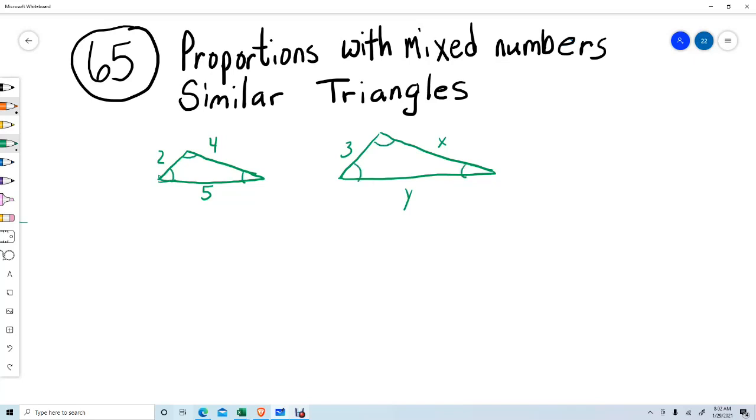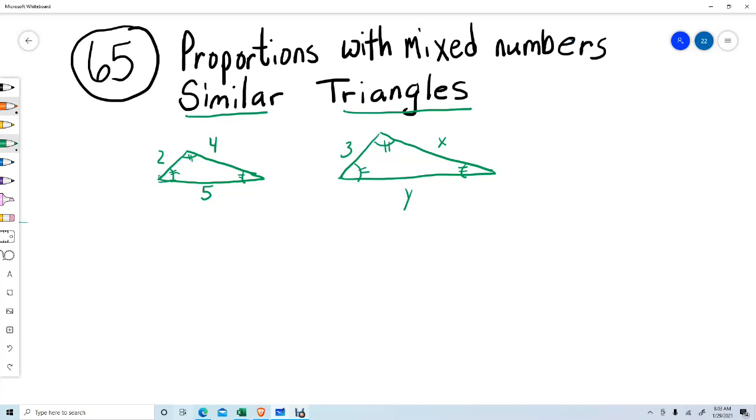And if these angles, this is how they mark them, are the exact same angles in both triangles, regardless of the size of the triangle, if the size is different but the angles are the same, they are called similar triangles. Okay, different size but same angles. They're called similar. And their sides are going to be proportional.